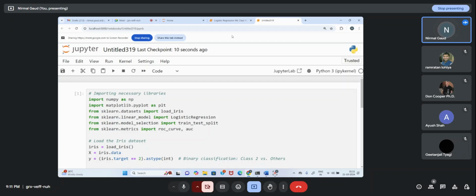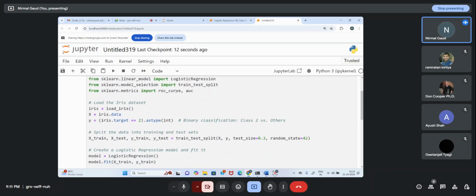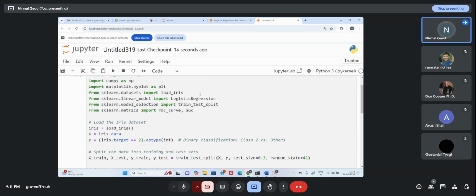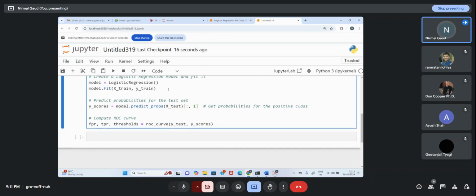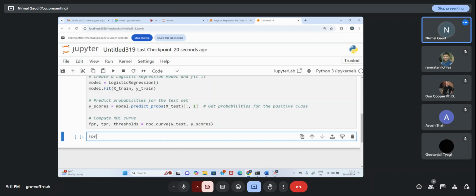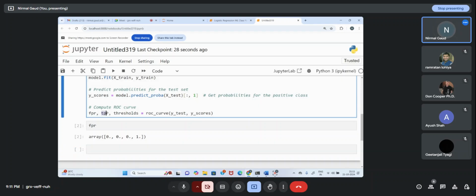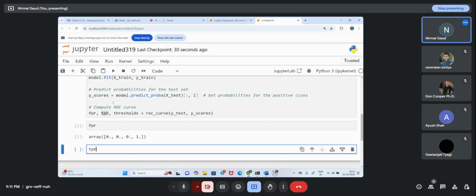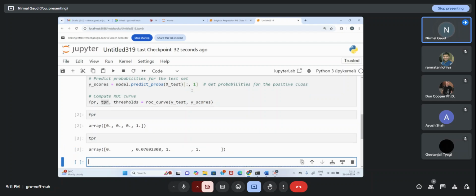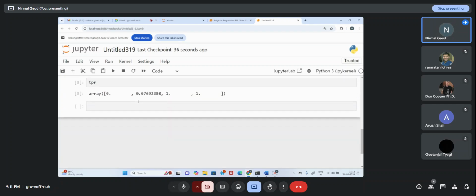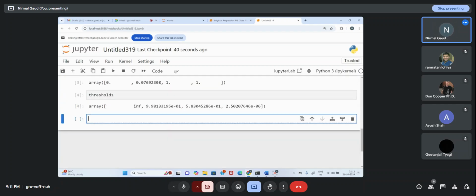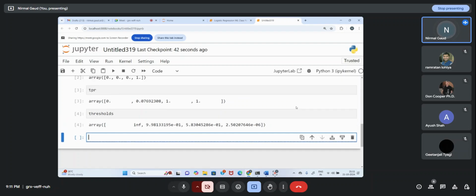We already know that logistic regression will give 100% accuracy on Iris data. So we have trained our model, and now I want to print FPR, false positive rate. These are the values for FPR. TPR, these are the values for TPR, true positive rate. And these are the thresholds.